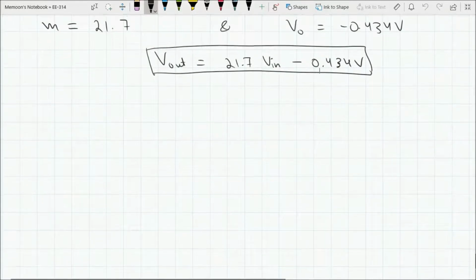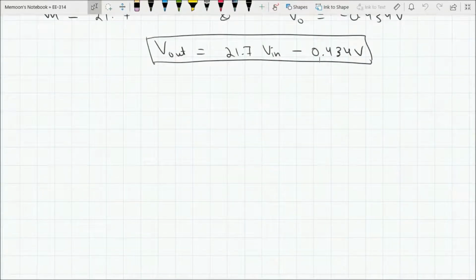We can simply see from this equation that our V in needs to be multiplied with a gain of 21.7, and after that 0.434 volts has to be subtracted from that.